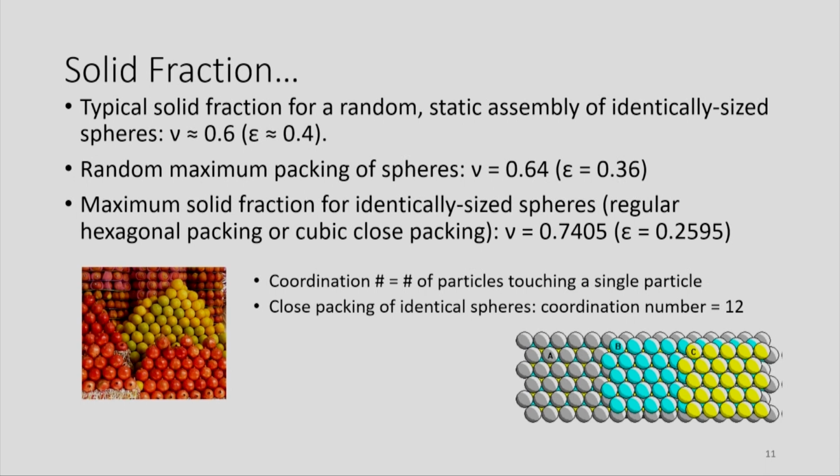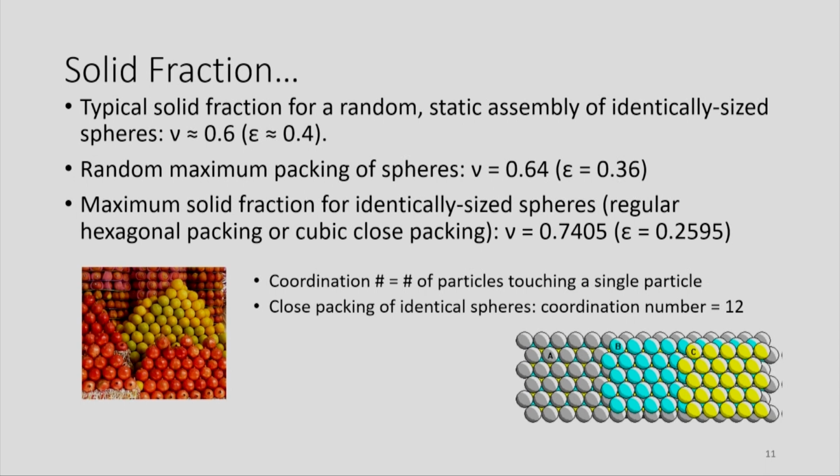There are different packing methods, like regular hexagonal packing and cubic close packing. This is a picture of cubic close packing, where one spherical particle touches 12 other particles, a very close packing. That gives a maximum solid fraction of 0.74.